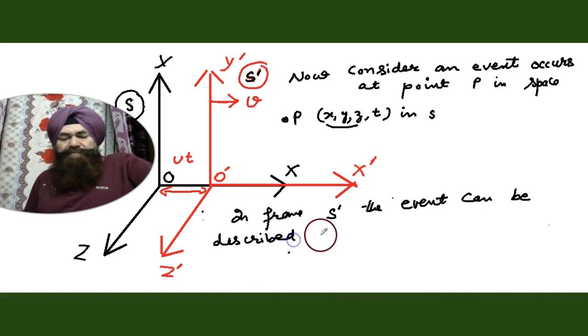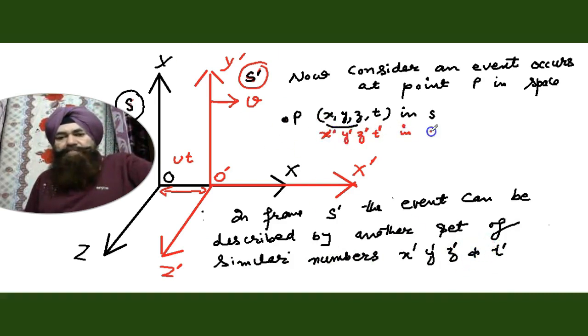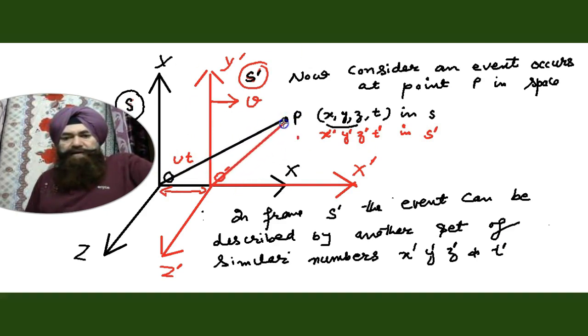Now think of this S dash frame. In frame S dash, the event can be described by another set of similar coordinates, which we call x dash, y dash, z dash, or x prime, y prime, z prime, and t prime. The red color means the frame S dash.